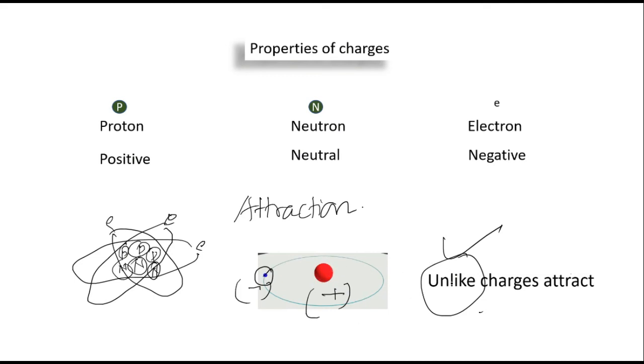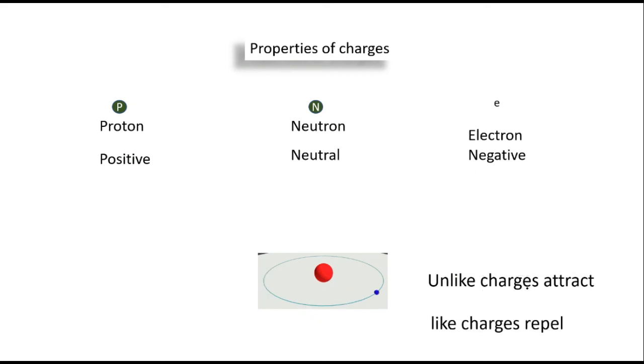Since unlike charges attract, what will happen if positive and positive or negative and negative come closer? Like charges will repel, and unlike charges attract. This is a very important property of charges, and this will help us understand the phenomenon of lightning.